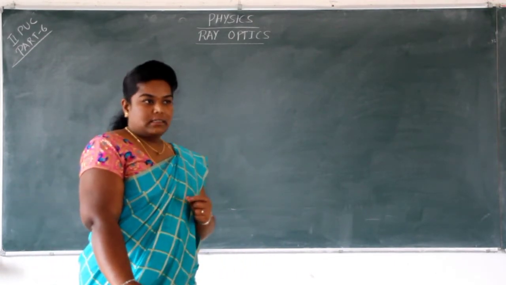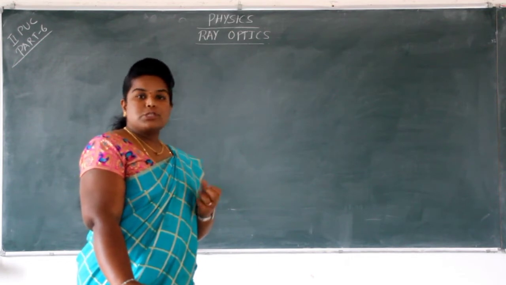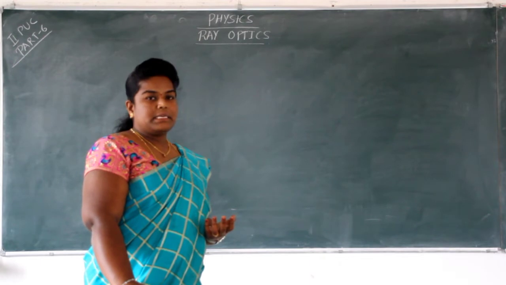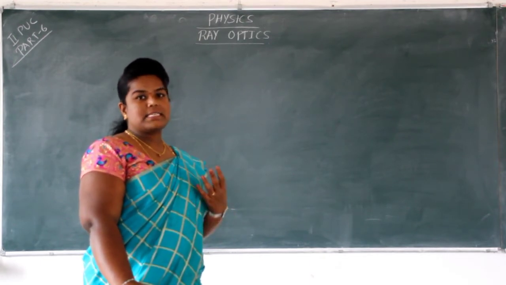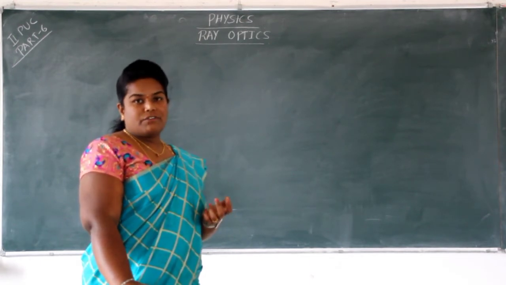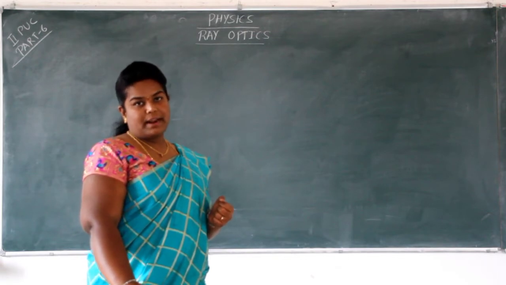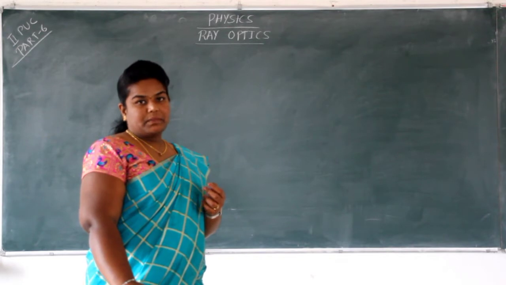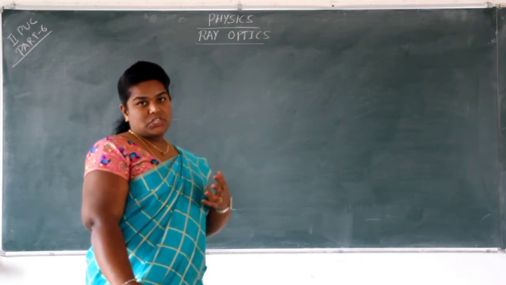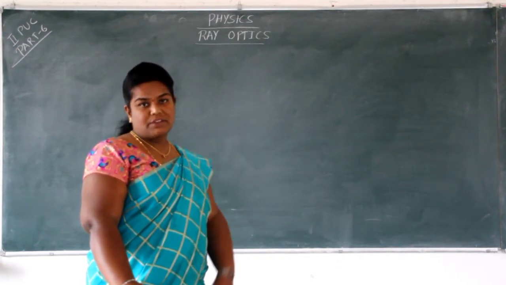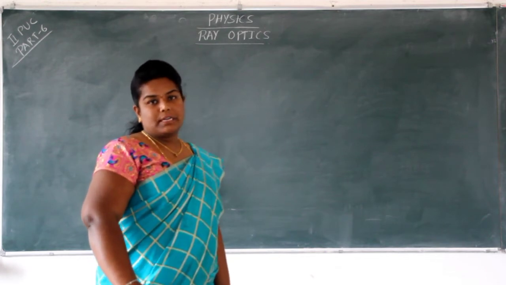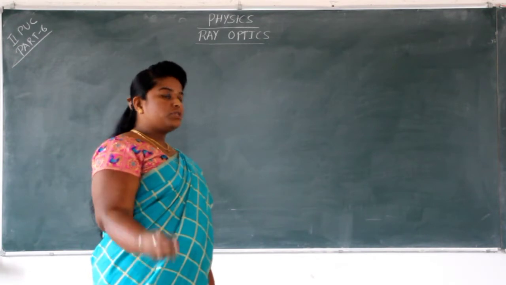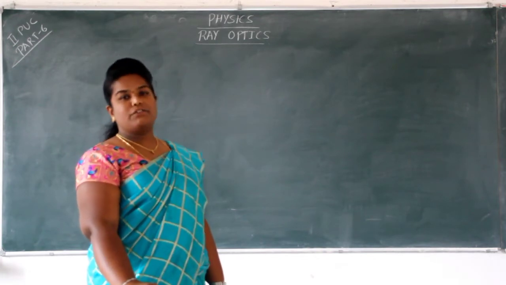This focal length gives you the ability of the lens, because each and every lens has its own capability of refracting an incident beam of light. Depending upon that ability and how much defect the person is suffering from, we are going to design the lens.